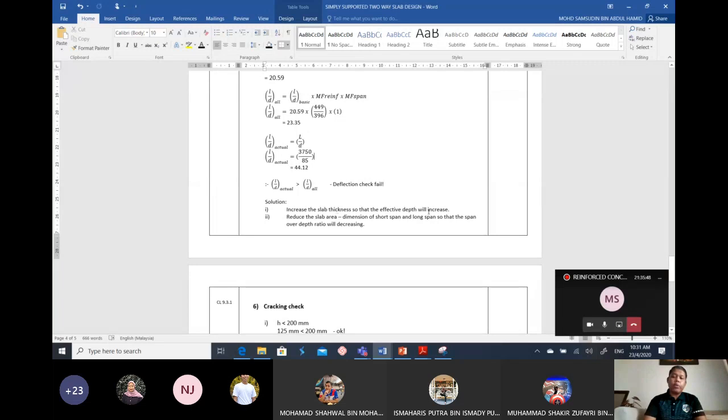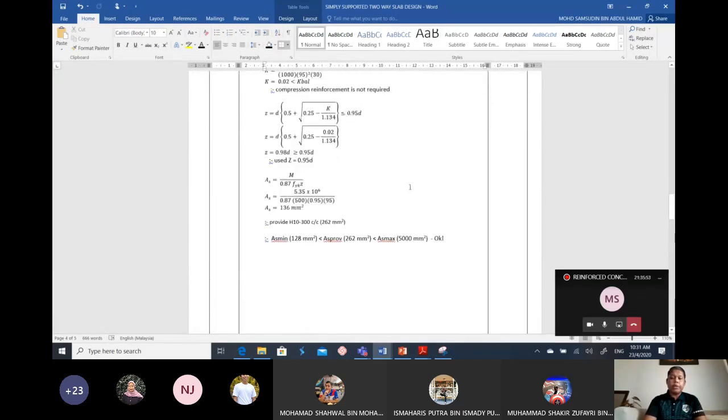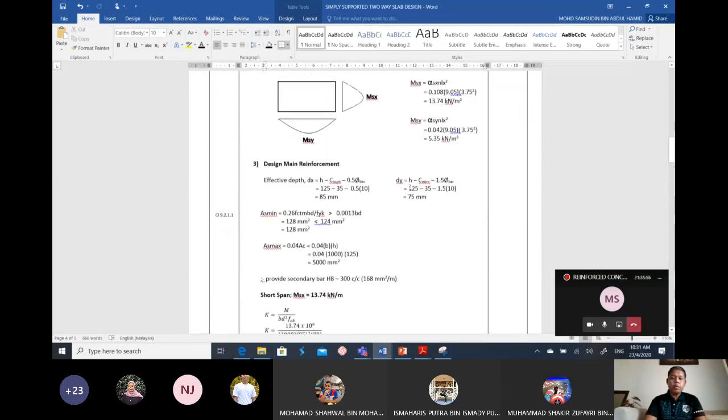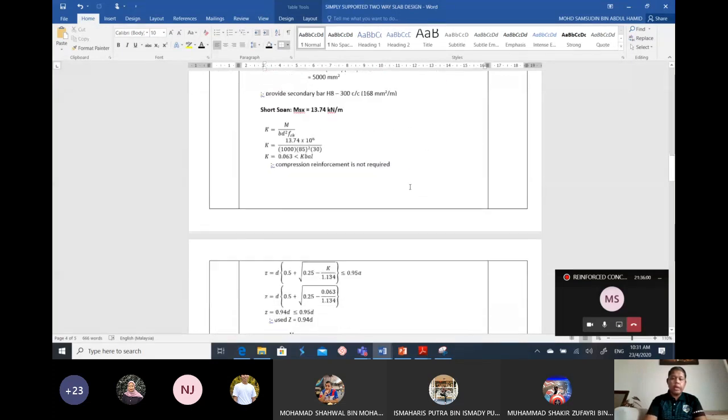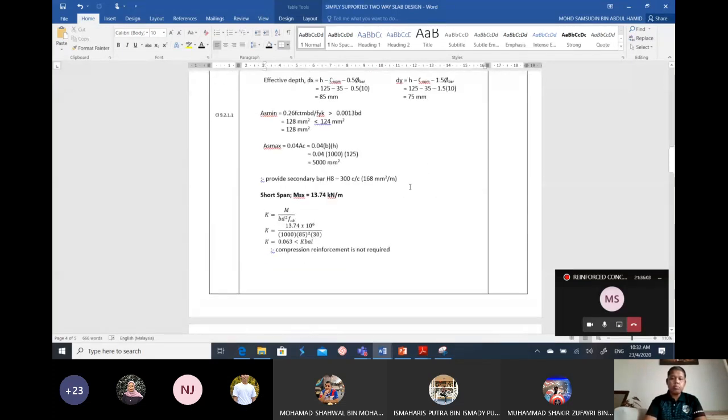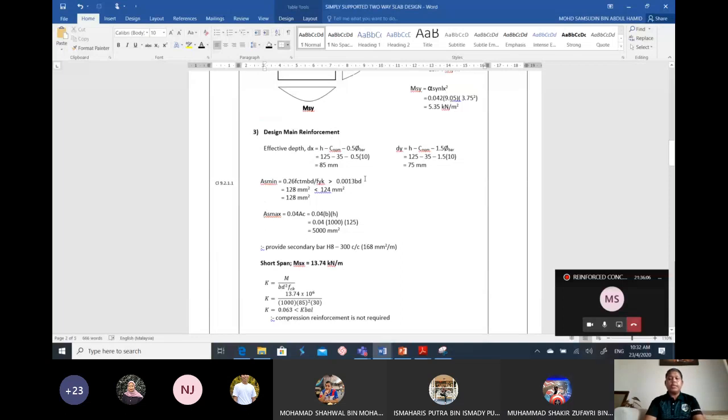So if I increase to 150 millimeter, absolutely I can increase the effective depth D. So if I increase to 150, then 150 minus 35, minus 5, the answer is equal to 110.